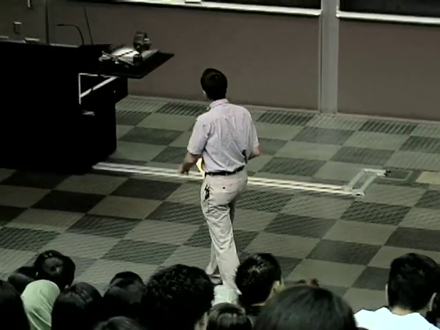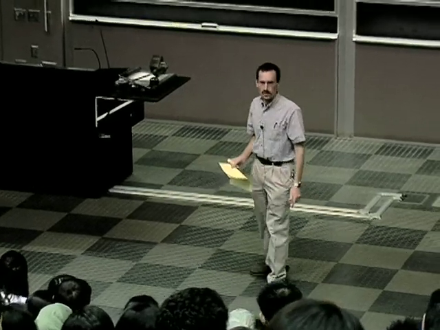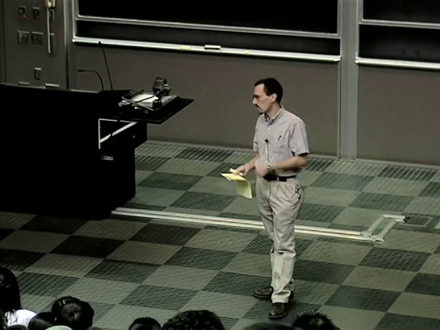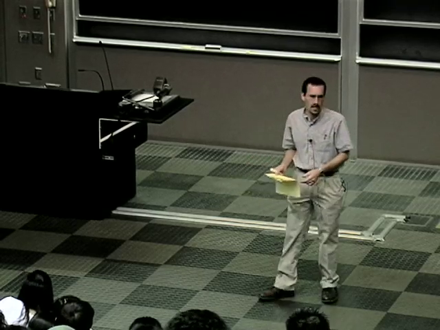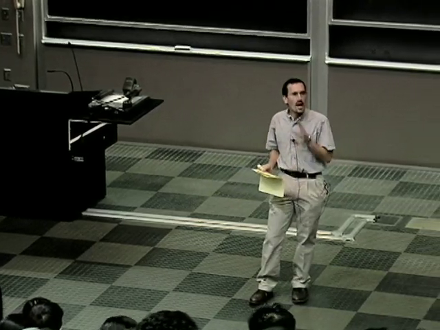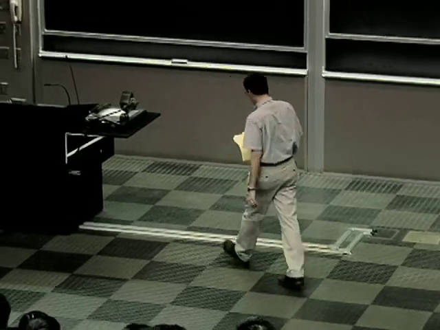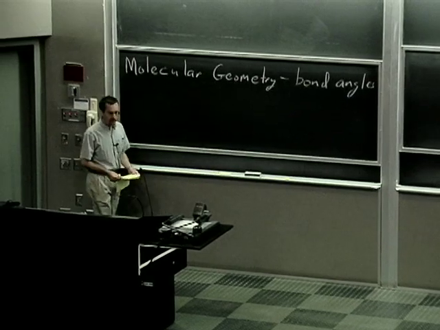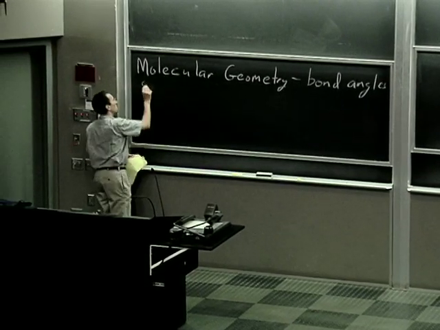Well, let's take a moment to finish up our discussion of molecular geometry. And we got a little bit of this when we were talking about orbitals and sp3 hybridized orbitals and so forth. And I just want to go through very explicitly. And let's start with sp3 hybridized atoms.